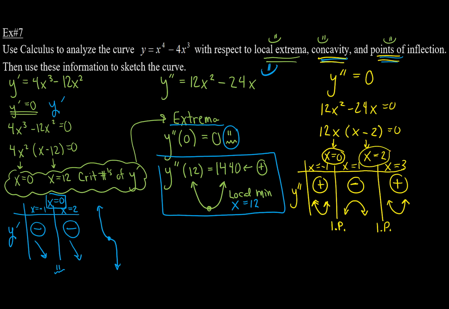All right, so let's write those conclusions. I've got concave up on the interval, all the numbers smaller than 0, so -infinity to 0. And then the last one here, all the numbers larger than 2, so from 2 to infinity.